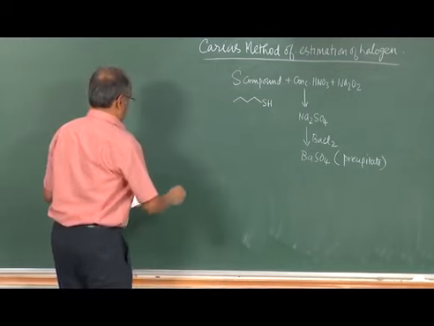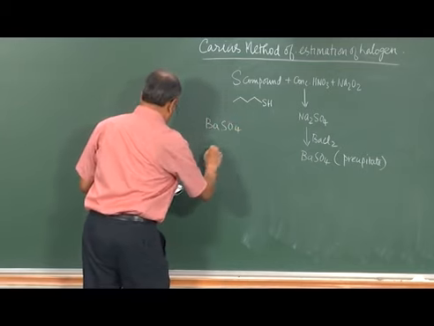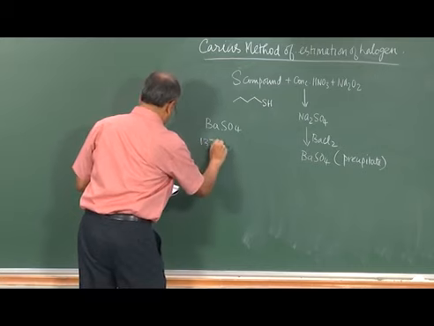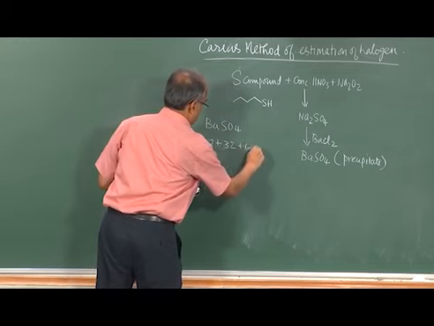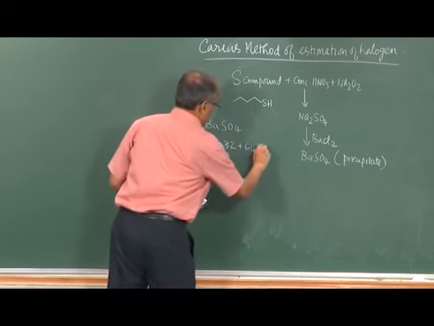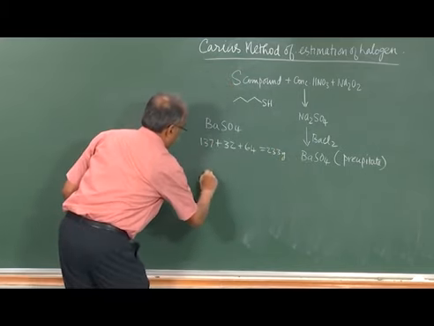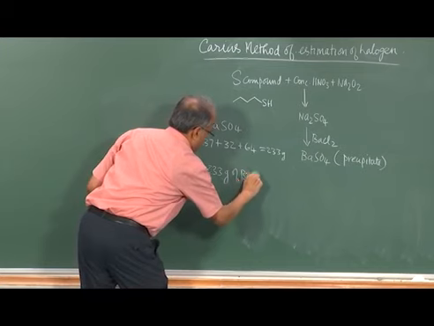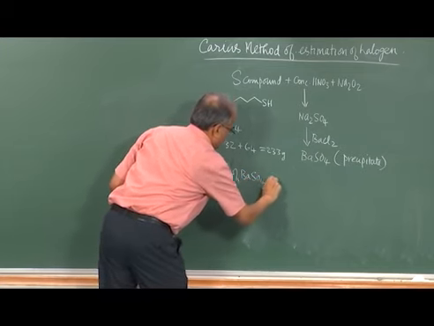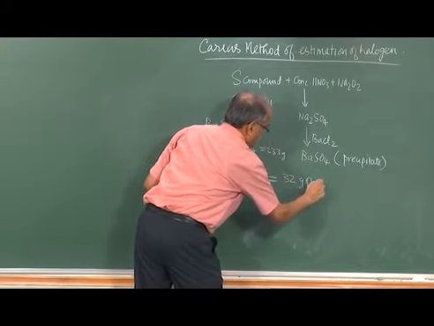In case of barium sulphate, the molecular weight is 137 for barium, 32 for sulphur and 64 for oxygen. Totally it is 233 grams. 233 grams of barium sulphate contains 32 grams of sulphur.